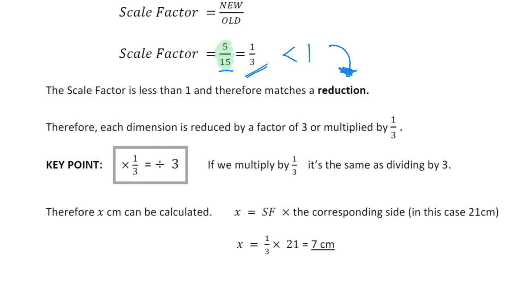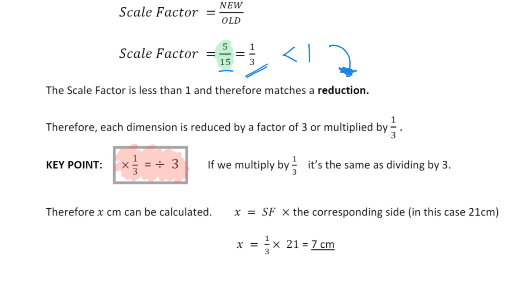We've already seen this, but that's just another example of how we can keep that in mind. It's something you want to do a kind of mental check on as you're going through the examples. Okay, therefore, each dimension is going to be reduced by a factor of 3 or multiplied by a third. And that's important. This little grey shaded portion here is just to remind you that although we are always going to multiply by the scale factor, when you multiply by a number less than 1, then we're going to reduce the value.